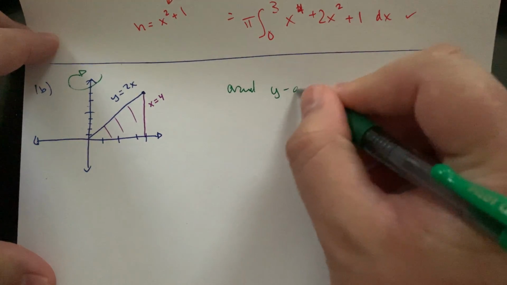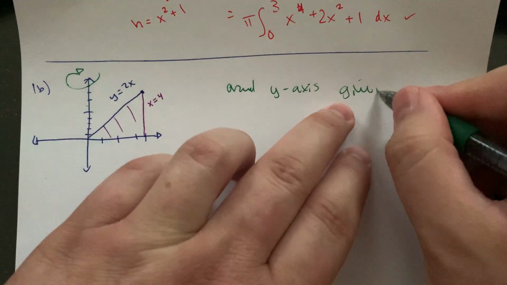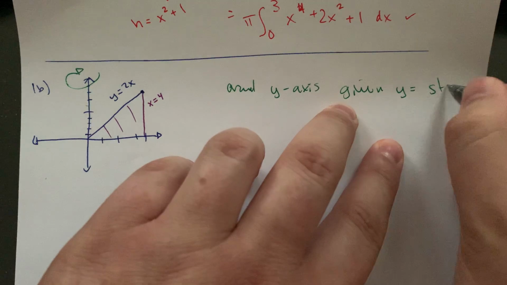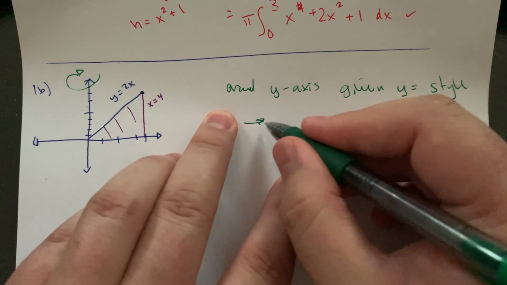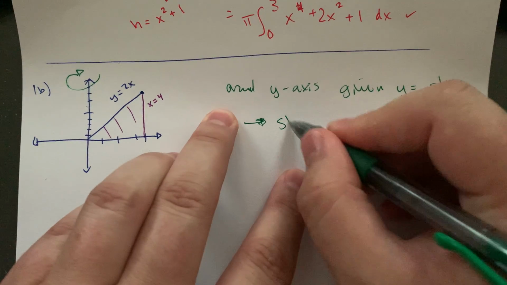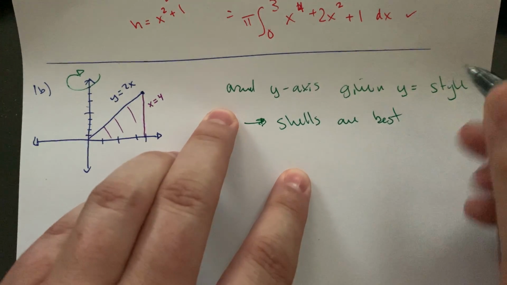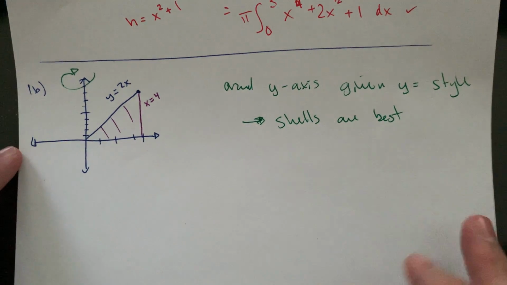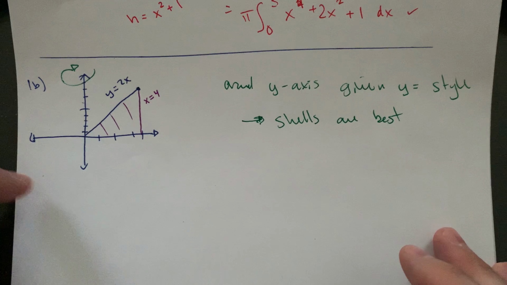So if we're going around the y-axis and we're given a y equals style function, probably what's going to be best here are shells. That's generic advice, but it holds up pretty well. I think it's generally true.